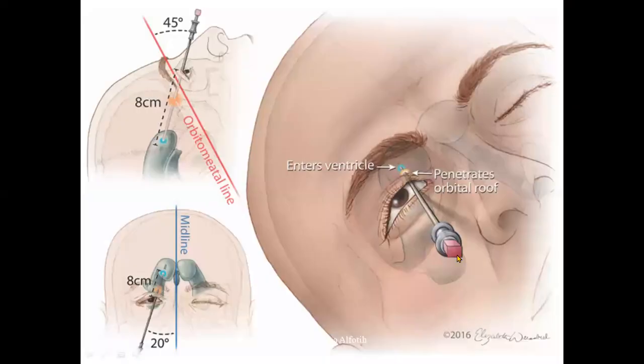So here is our spinal needle. The spinal needle is directed 45 degrees above the orbital line, and 20 degrees medial to the mid-pupillary line, and the depth will be 8 centimeter.